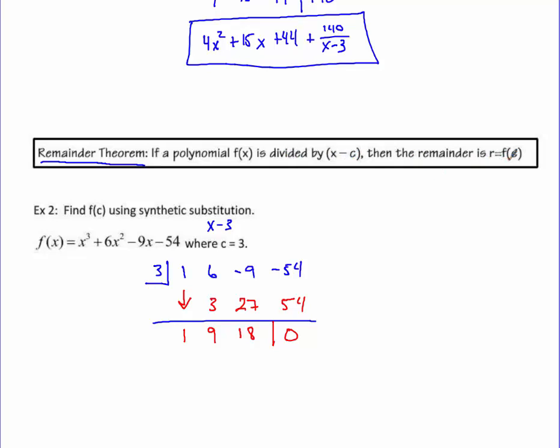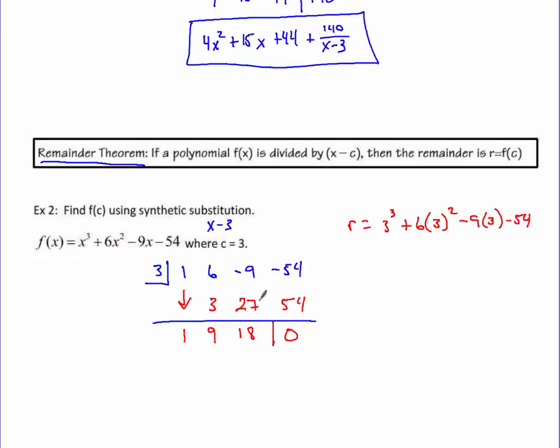then the remainder is always going to be r equals f of c, which is 3 cubed plus 6 times 3 squared minus 9 times 3 minus 54. This comes in real handy if you know that x minus 3 is a factor, you know that c equals 3, and the problem said, hey, just find the remainder.